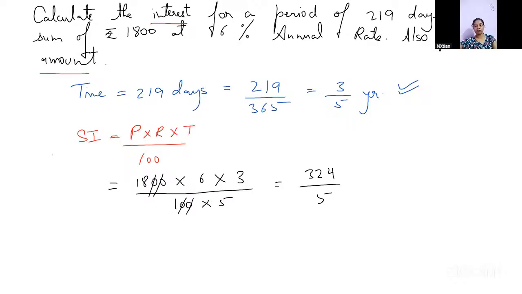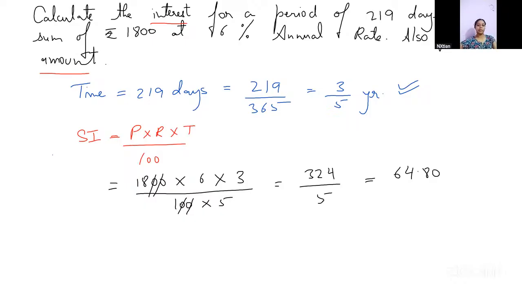Yes, ma'am, I'm getting 324. Yes, now divide and see. Ma'am, 64.8. Correct, Abraham.